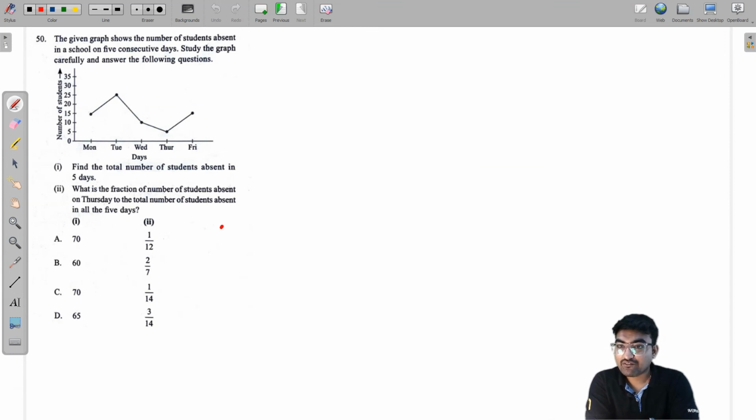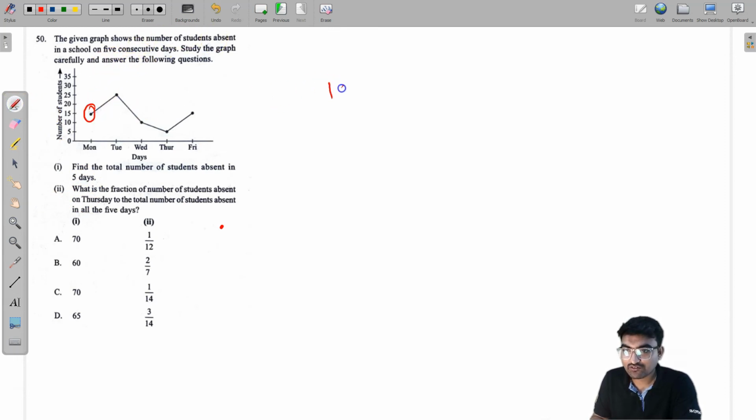The given graph shows the number of students absent in a school on 5 consecutive days. Study the graph carefully and answer the following questions. Find the total number of students absent in 5 days. So this is students absent.